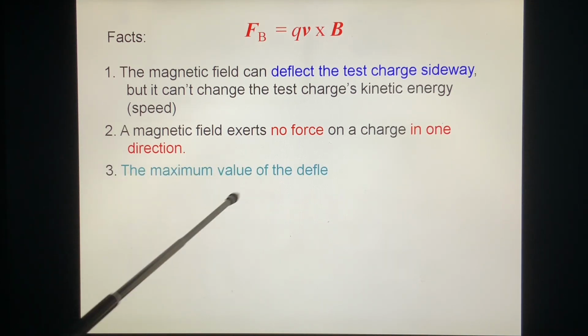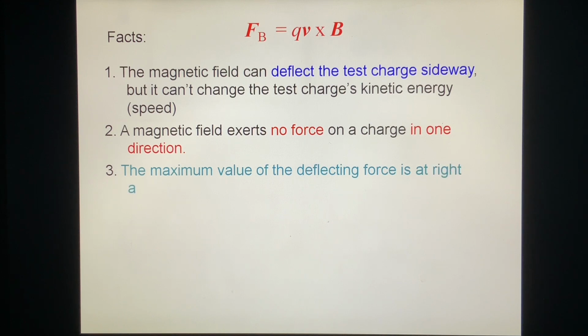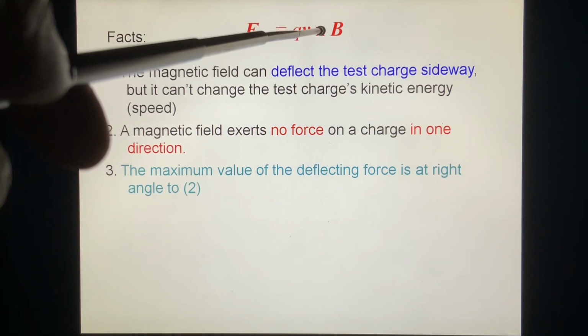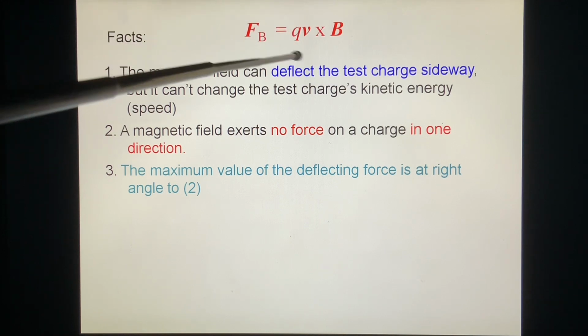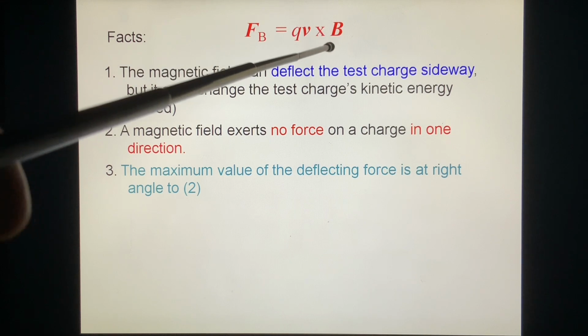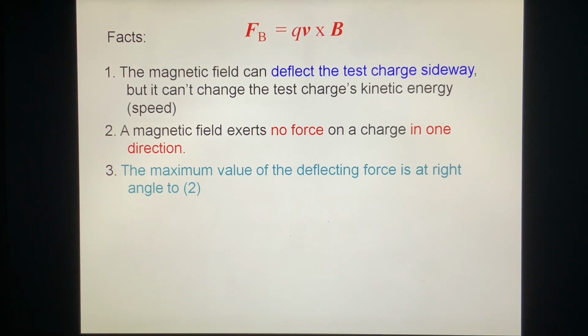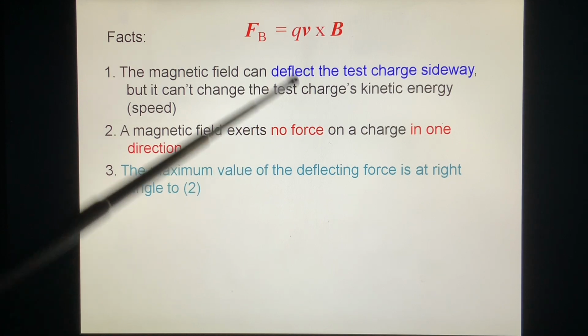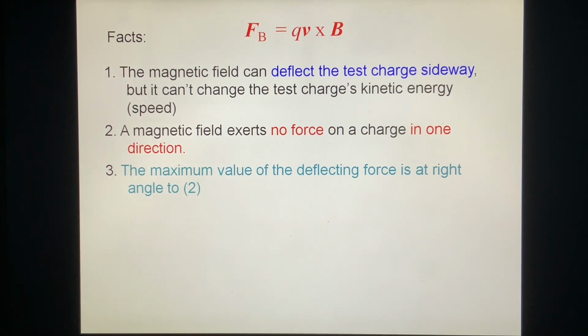Fact 3. The maximum value of the deflection force is at right angle to this one. Now, when the angle is 0, you get 0. When it's perpendicular, you get the maximum, because VB is proportional to VB sine theta. Theta is 90 degrees, perpendicular, so F is maximum. Fact 4.